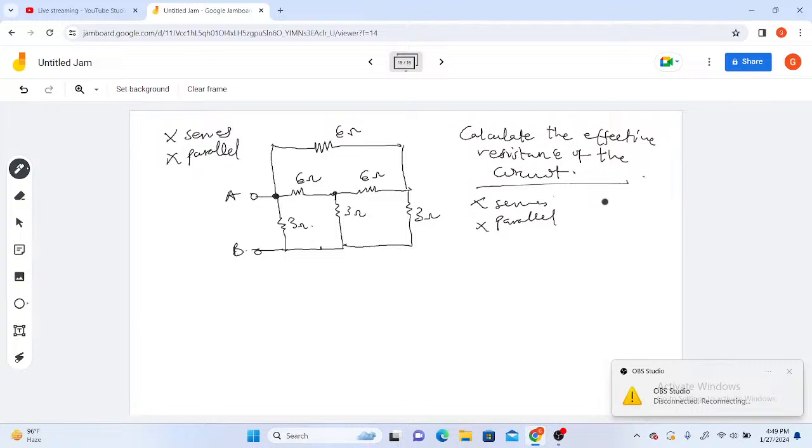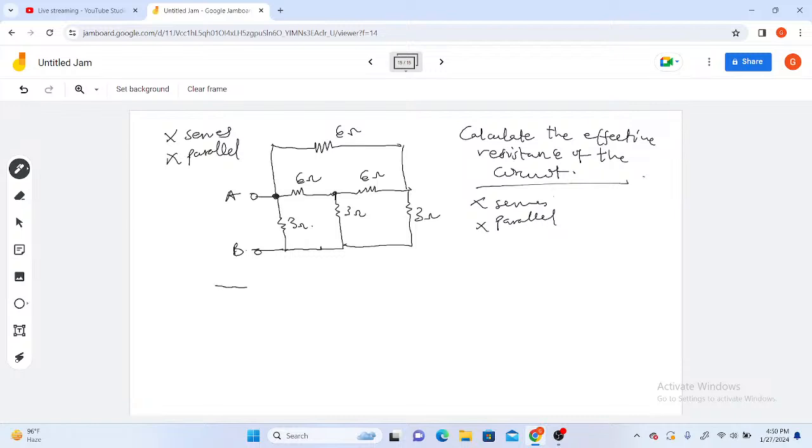So we can say that this is a delta arrangement. When I come here, 1, 2, 3 is also a delta arrangement. Now we are going to apply delta to star transformation. Watch closely as I transform the delta here to star.